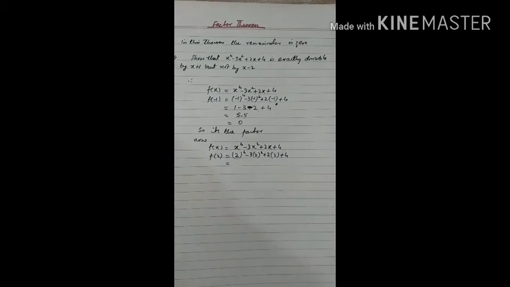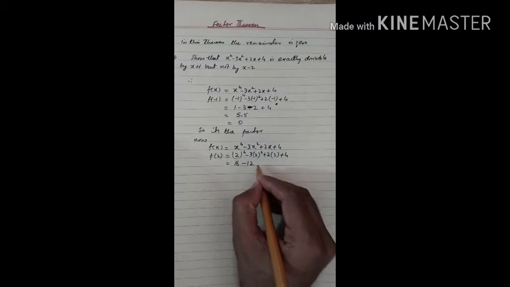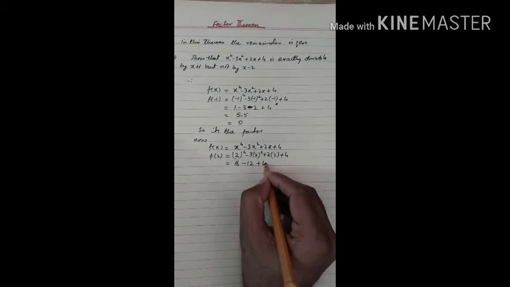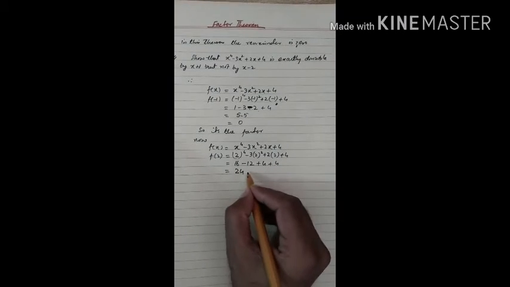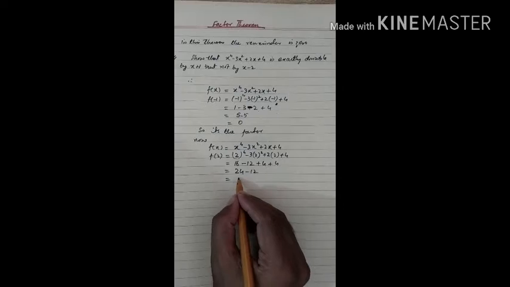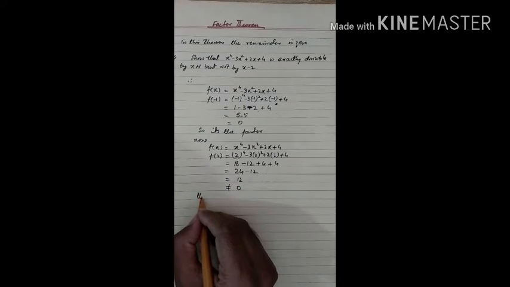It will be 16 minus 12 plus 4 plus 4, that is 24 minus 12, which is 12. So this is not equal to 0.